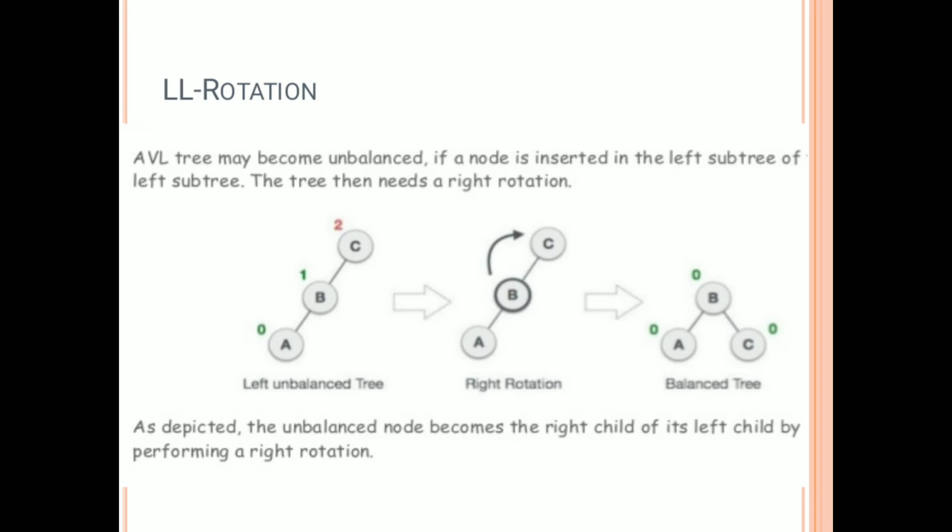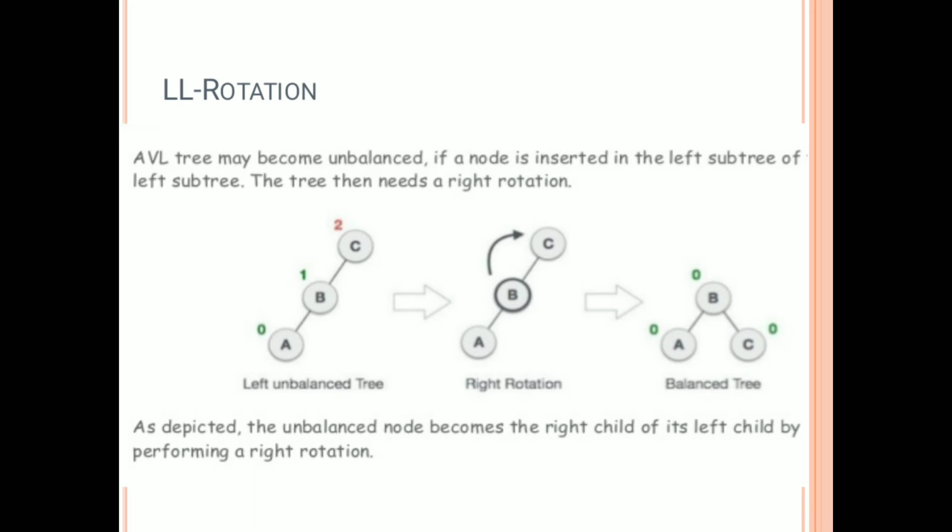For example, in the figure, B and A are inserted at the left of C, and A is inserted in the left of left. So by inserting A in the left of C, the tree structure became unbalanced. In that condition, we can rotate the tree to the right with respect to the position of C.